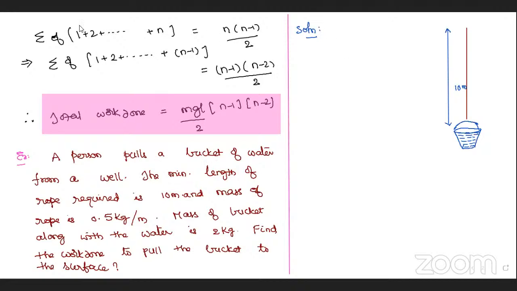So if I take the surface of the well as the reference level, the bucket is below the reference level. Below the reference level means the potential energy of the bucket is negative.